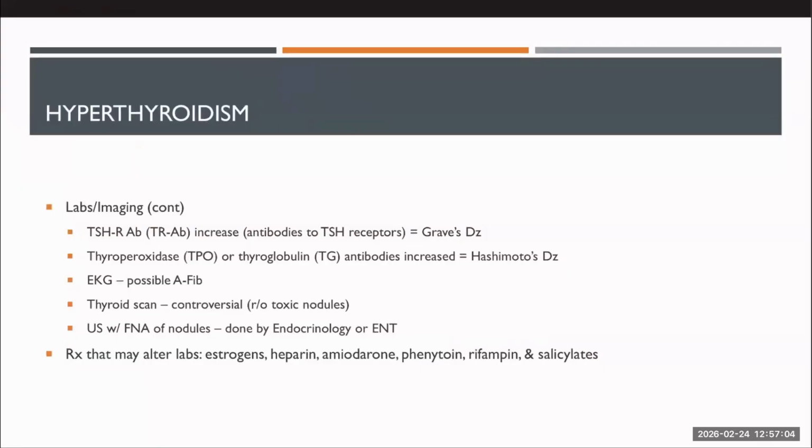Further labs are antibodies. If they have TSH-RAB or TRAB, you may see it written both ways, these are the antibodies to the TSH receptor, and that is Graves' disease.